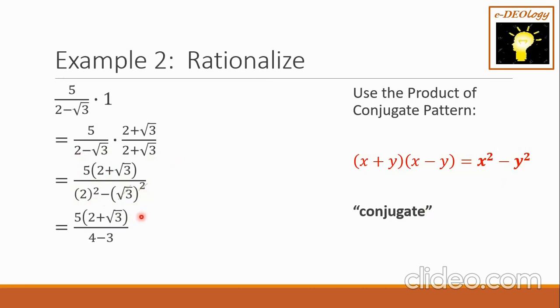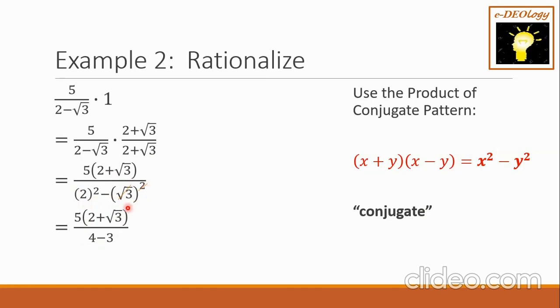In the next line, we're going to simplify our denominator. The numerator we simply copy here. In the denominator, the 2 squared becomes 4, and then minus. The radical will be cancelled along with that power 2.